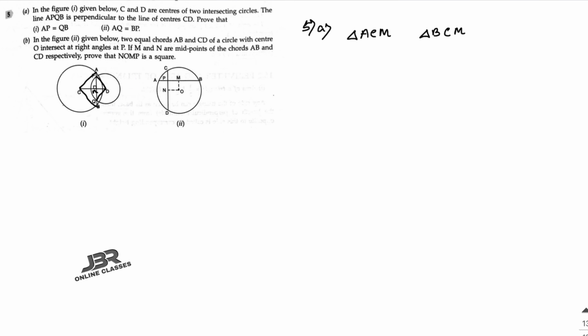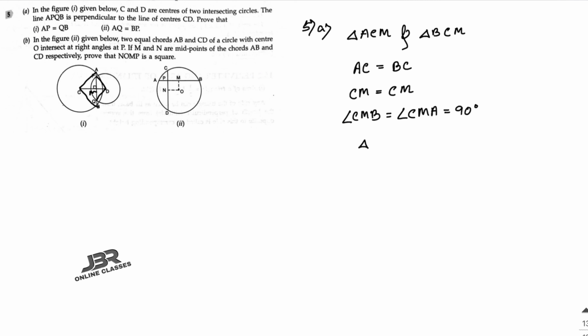The middle one, that point equals M. So from these two triangles, AC is equal to BC because both are the radius of the same circle. Next condition, CM is equal to CM, the common side, and the third one is angle CMB equals angle CMA, and that equals 90 degree.